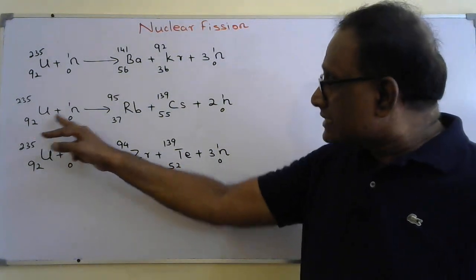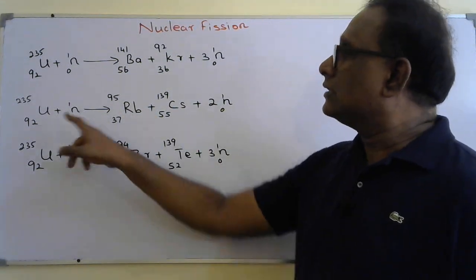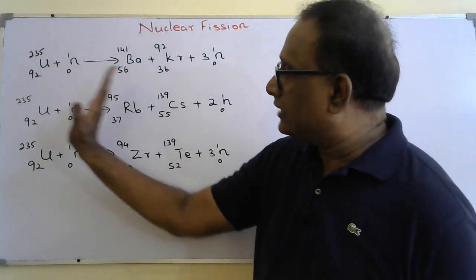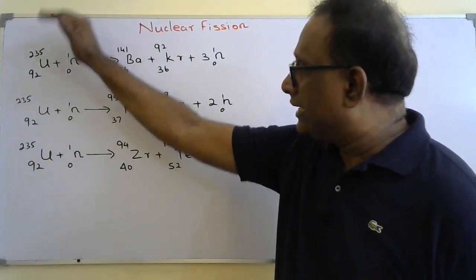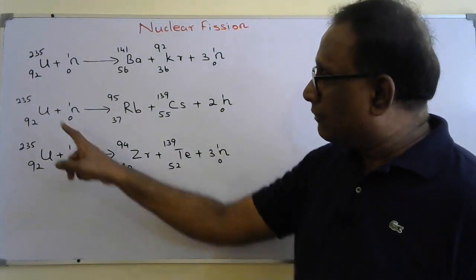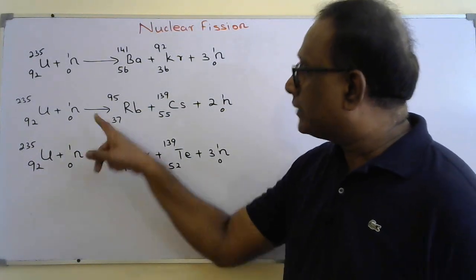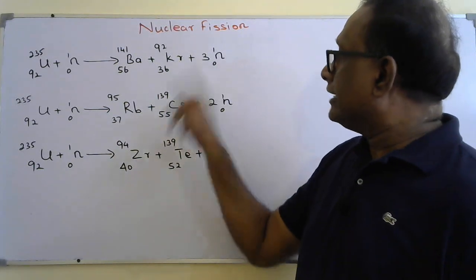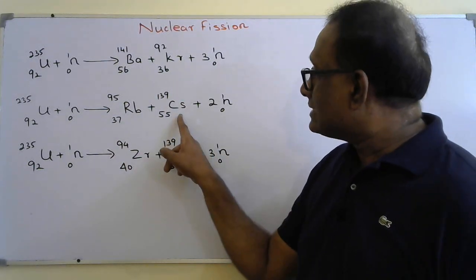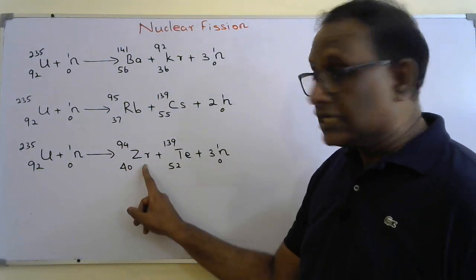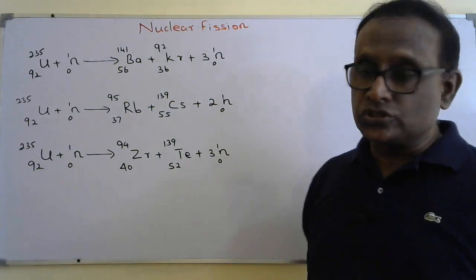But these interactions are also possible. On the left side you can see exactly the same, all three interactions the same. Uranium-235 absorbs a neutron, but here barium, krypton and 3 neutrons, here rubidium, cesium and 2 neutrons, here zirconium, tellurium and 3 neutrons. Why?